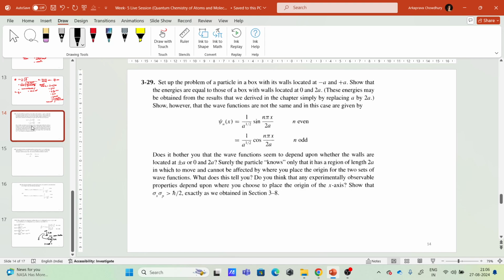Obviously, we will discuss rigid rotor and all, but solving these problems is more important. So with that, let us stop today's session.